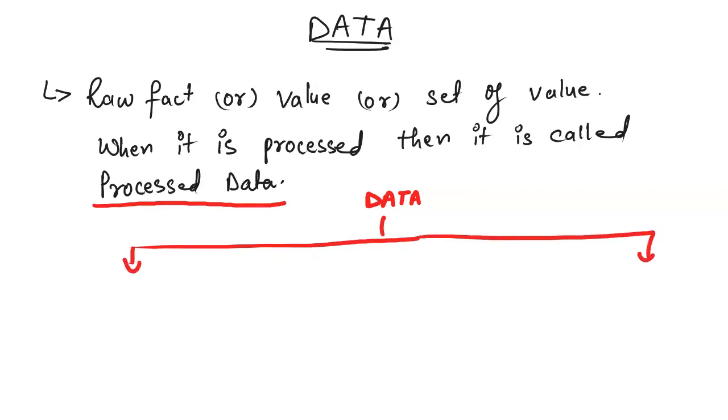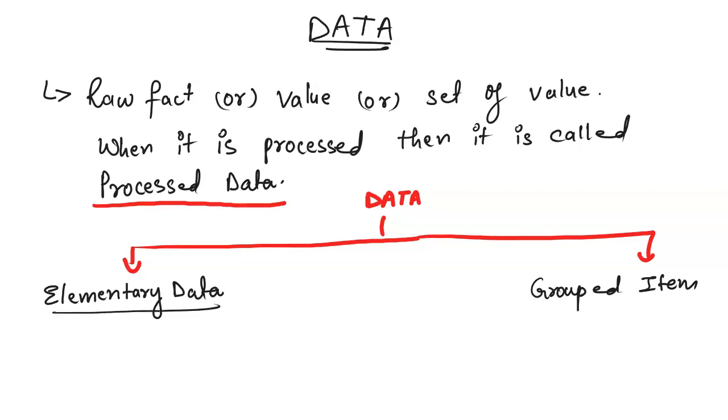So the first one is the elementary data and the second one is the grouped item. So let us first understand what is elementary data.